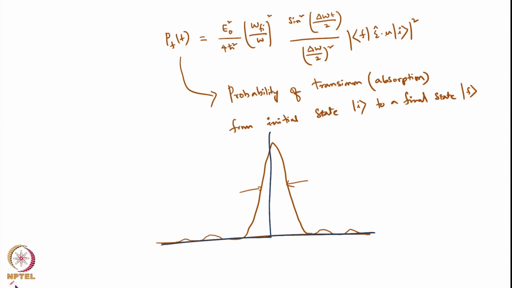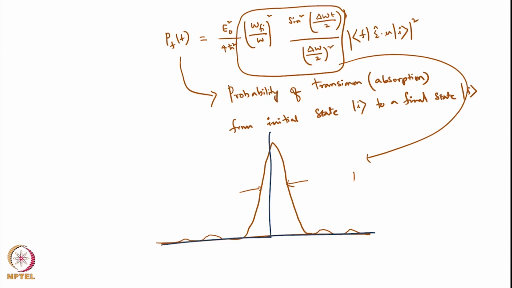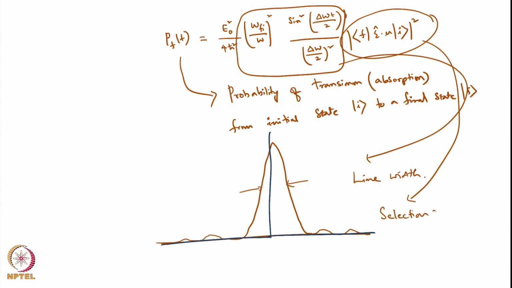The line width comes from this function, and this function will tell us selection rules. And this will effectively tell you intensity.